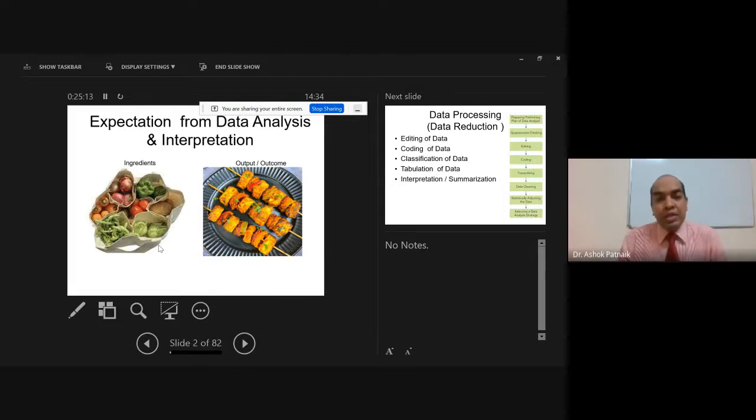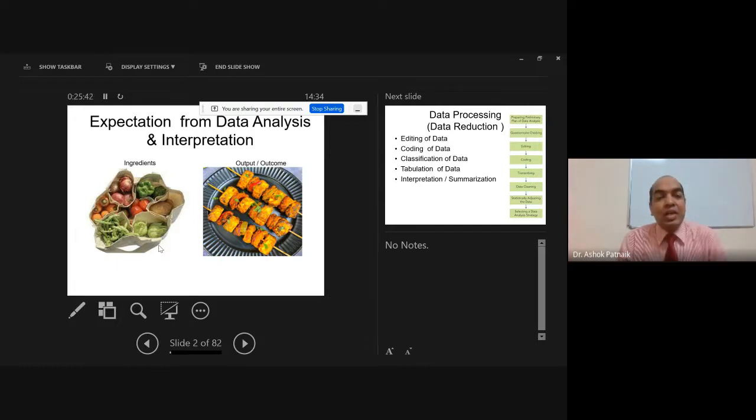And generally, I always start my program with some kind of pictures. Here, my ex-colleagues who are present here can relate it to their experience with me, my lectures. So data analysis and interpretation is like the picture which you are seeing.